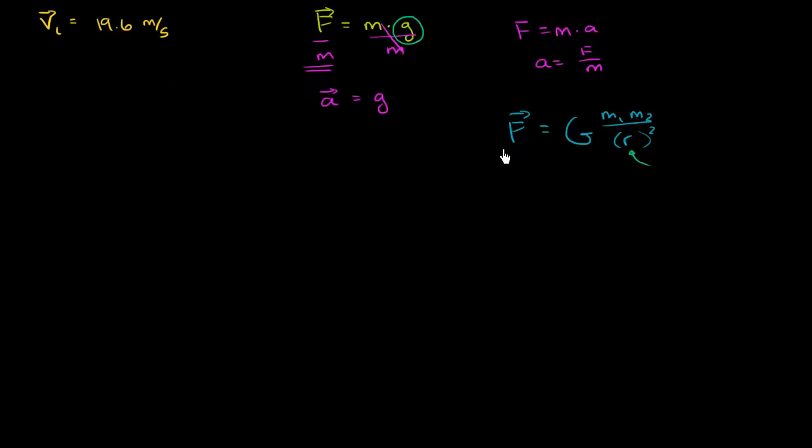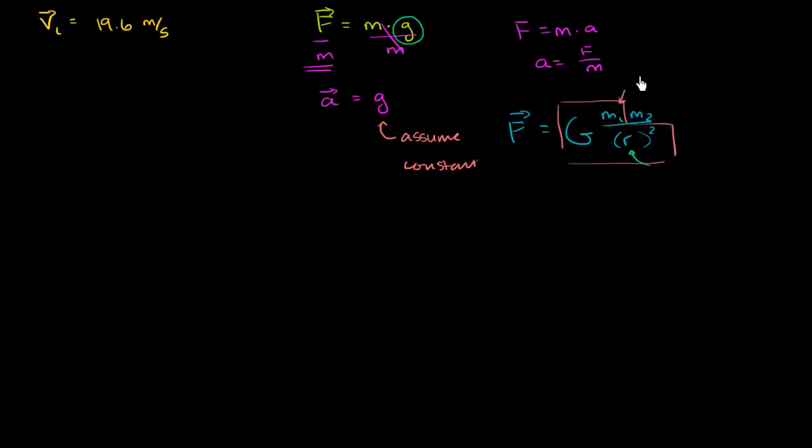That is technically right. But the reality is that when you throw something up in the air, that change in distance is so small relative to the distance between that object and the center of the Earth that, to make the math simple, when we're at or near the surface of the Earth, including in our atmosphere, we can assume it is constant. Remember, that little g right over there is really all of these terms combined.